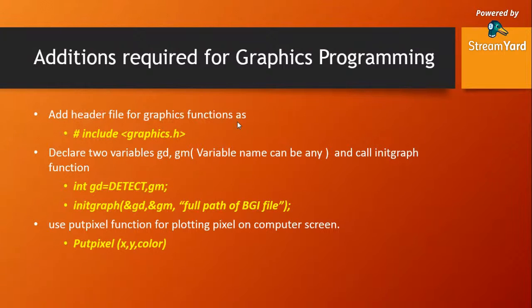Then declare two variables gd and gm; the names can be anything. gd is equal to DETECT, and call the initgraph function, and provide the full path of the BGI file. Then use the putpixel function for plotting a pixel on the computer screen.